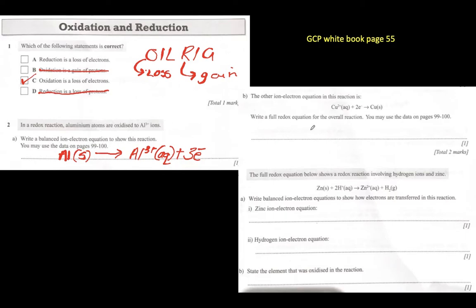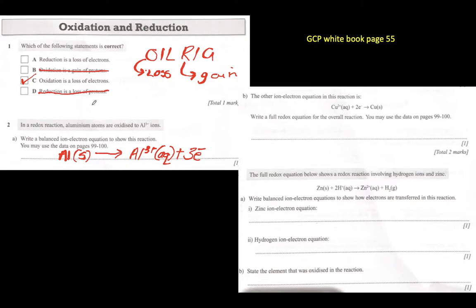The other ion-electron equation in the reaction is Cu2 plus plus 2 electrons becomes Cu(s). Write a full redox equation for the overall reaction, and again you should be using your data booklet to help you. So we've got to combine this oxidation and our reduction reaction.